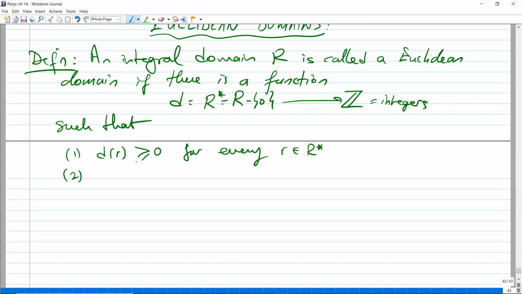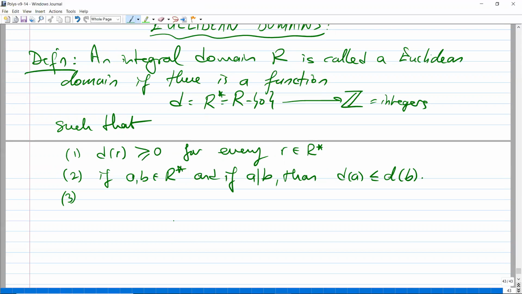Second property, that if a, b are non-zero, and if a divides b, namely b is a multiple of a, then d of a should be less than or equal to d of b.